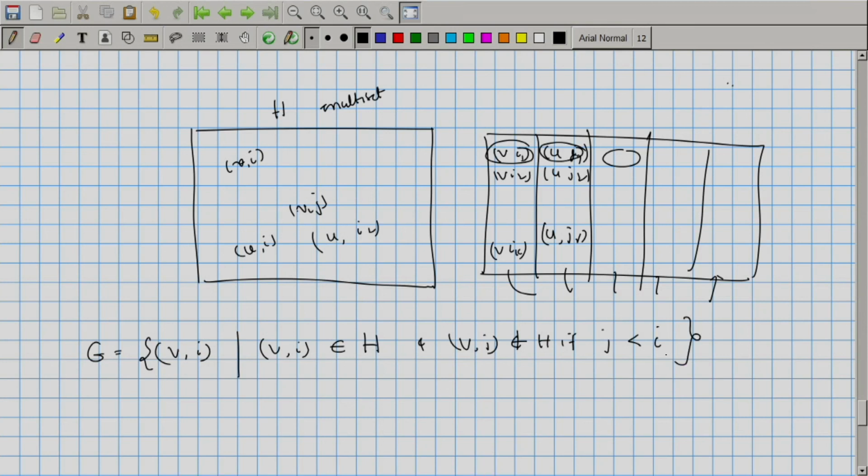So, pick the smallest elements on the basis of the second coordinate for each assignment. The number of elements that we pick is going to be equal to the number of satisfying assignments. So, this is easy.